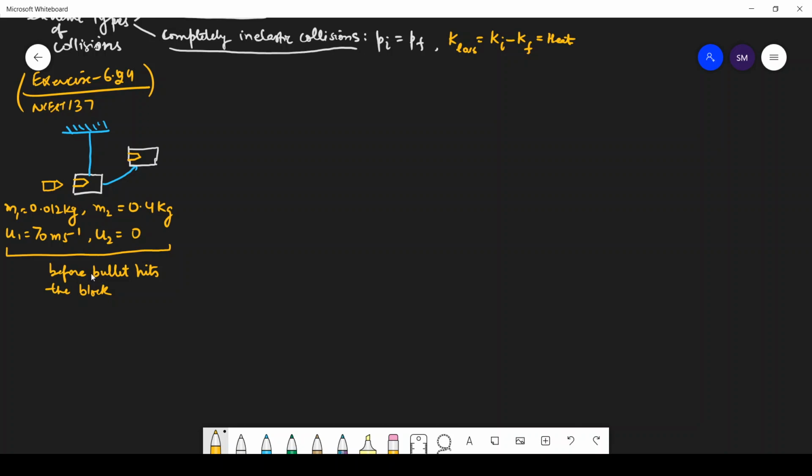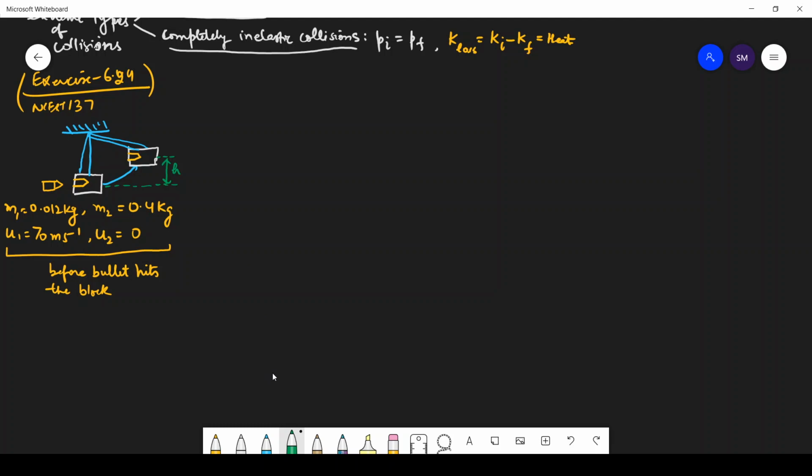Now the block was suspended from the ceiling by means of thin wires. There might be 2 wires, not one, and it reached here. So this block reached height h from the base.